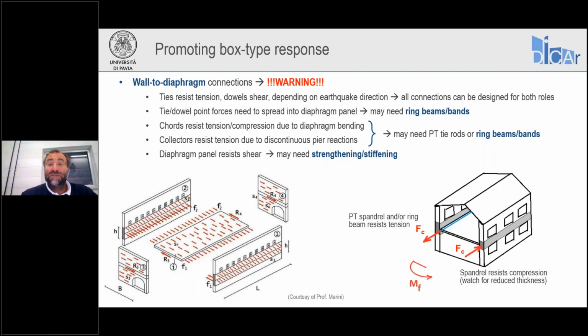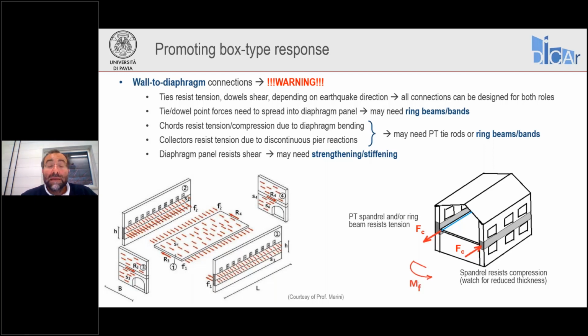So we may take advantage of post-tensioning through tie rods to resist the chord and collector tension forces, but in many cases, we take actually advantage of ring beams that are basically serving two roles, distributing tie and dowel forces into the diaphragm and providing tensile strength for chord and collector elements.